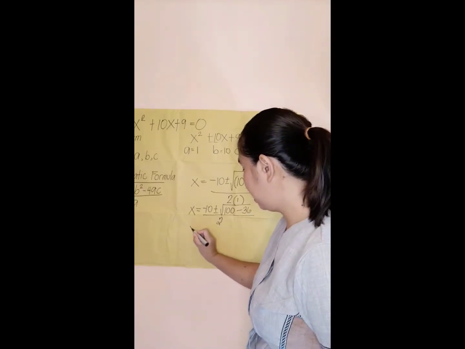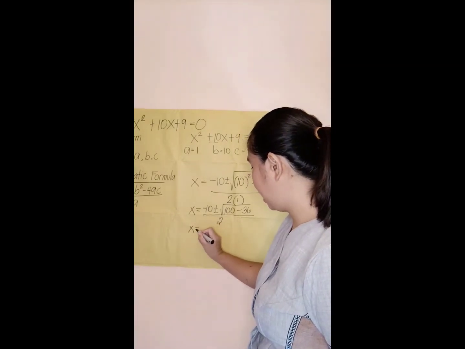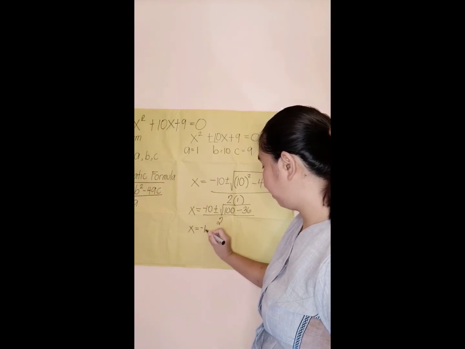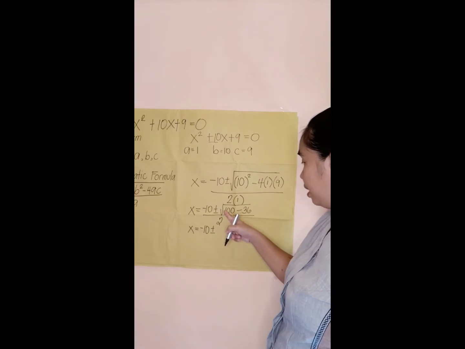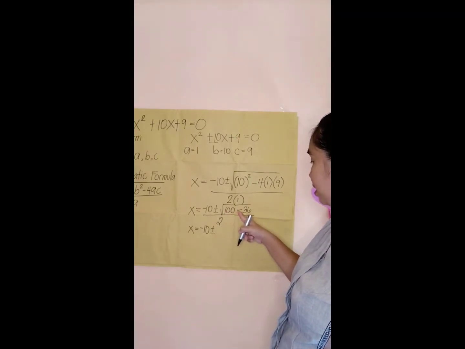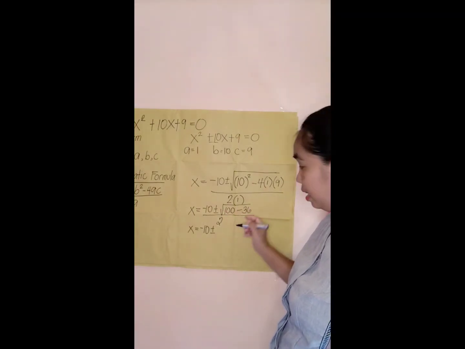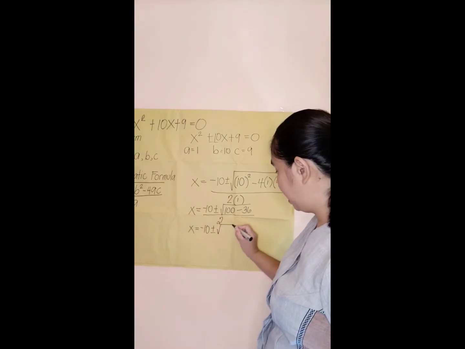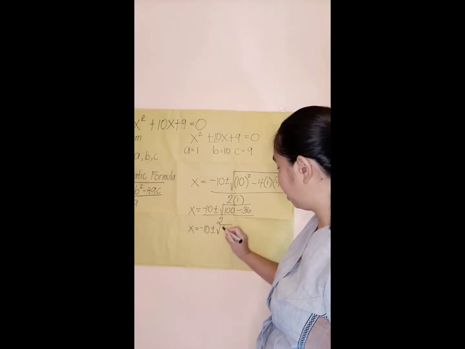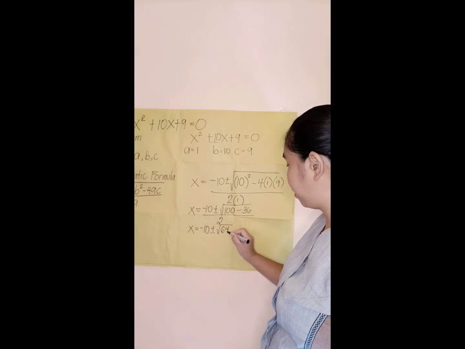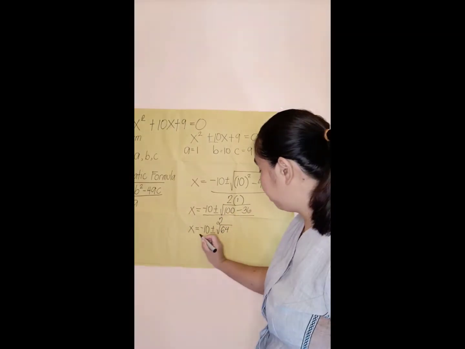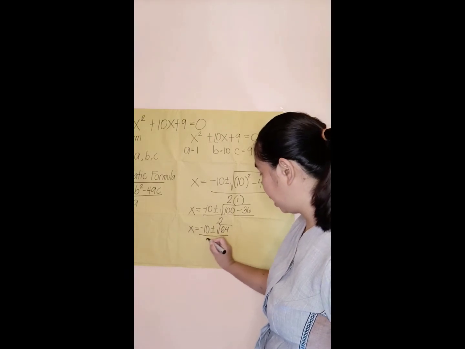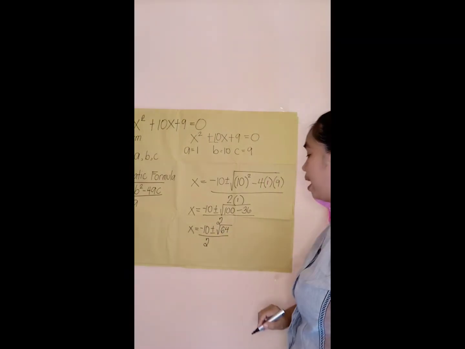Okay, and then, simplify na natin. May negative 10 plus or minus, ano yung square root of 100 minus 36? Okay, bibigyan ka niya ng sagot na square root of 64. 100 minus 36 is 64. All over 2. Yan, kasi may 2 ka sa baba.